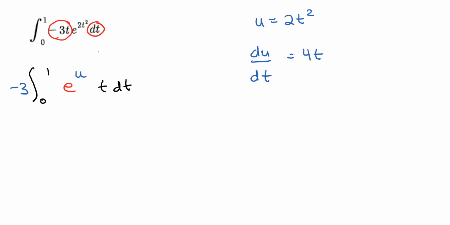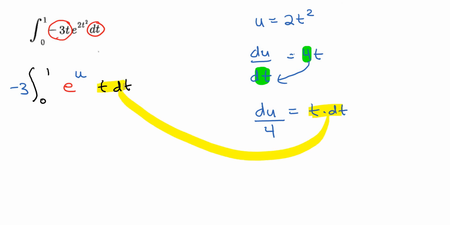And after that, let's interchange the dt and the 4 on the right hand side. So this is going to be du equals t times dt, and then this 4 would just go on the bottom, so this would be du over 4. And now I can see that this part right here and that part there match up. And so I can replace the t times dt with du over 4.